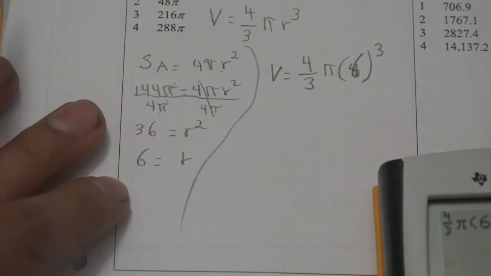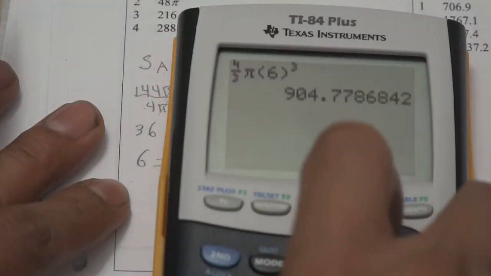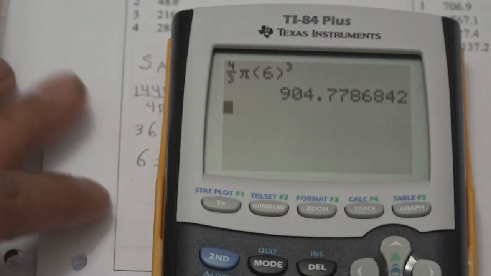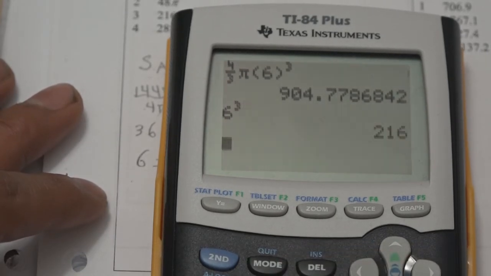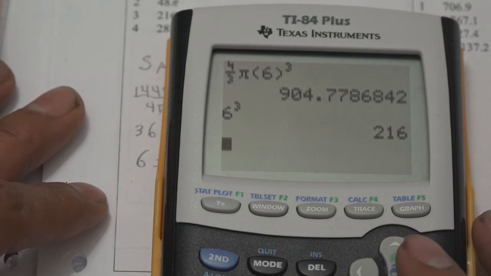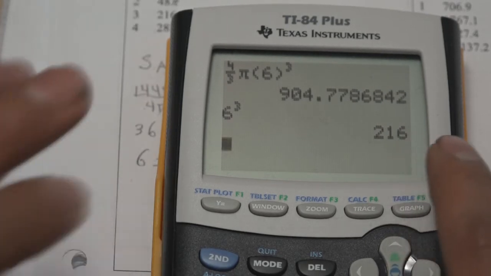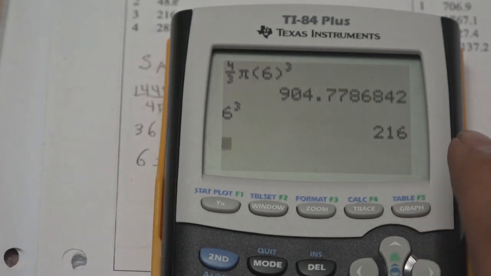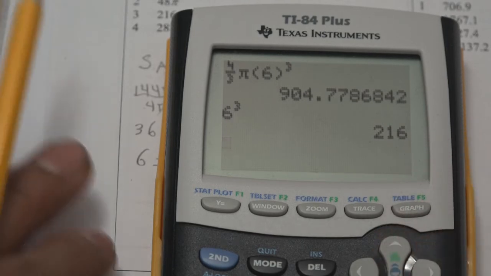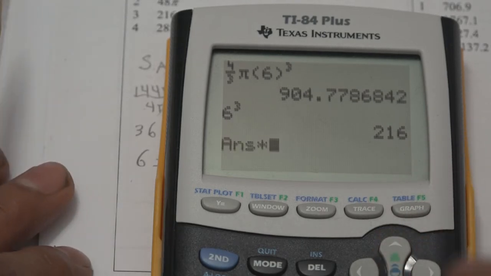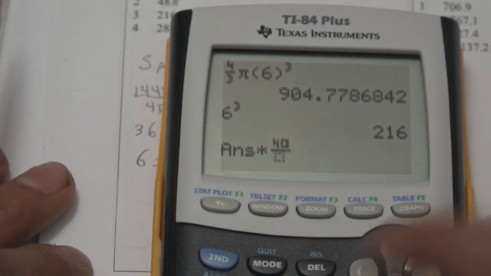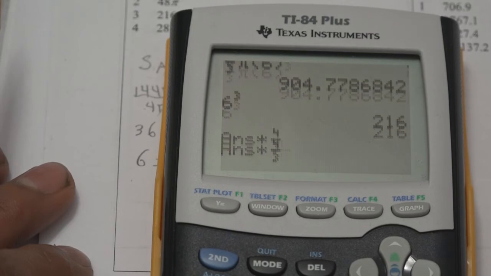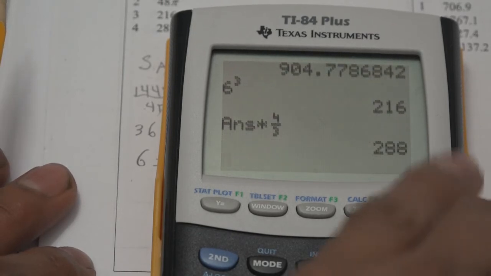If they just want it in terms of pi, I just need to multiply the numbers. So 6 to the third is 216. Now when I multiply it by 4/3, using alpha y equals fraction 4/3, I get 288.